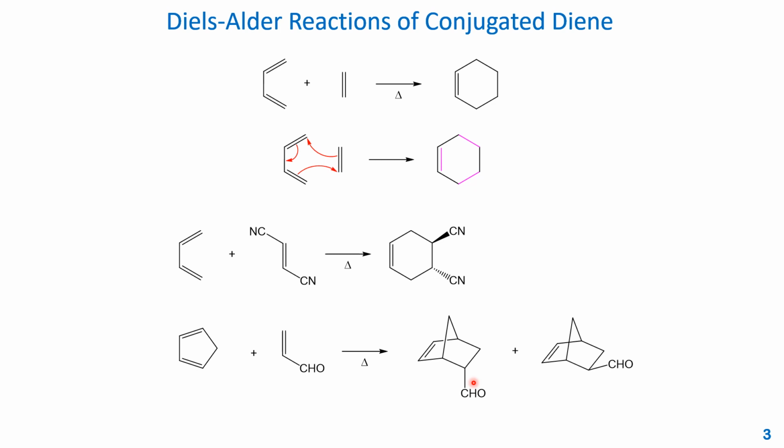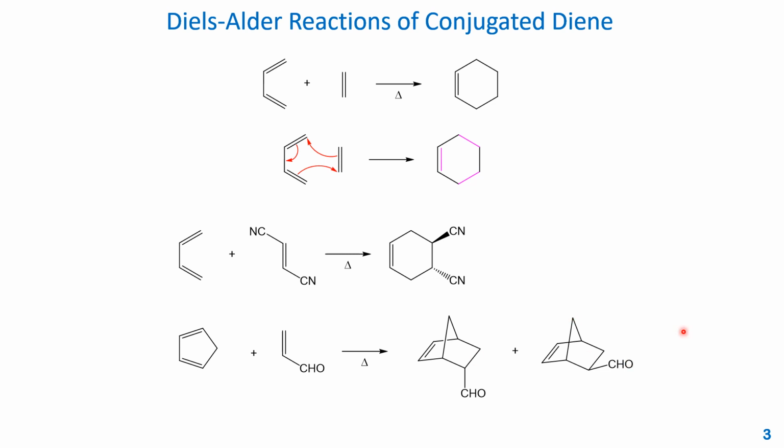Also, if you have a substituent on the dienophile, the example here shows an aldehyde. This CHO is an aldehyde. It has 2 choices. It could point down, closer to the double bond, or point away from the double bond, closer to this bridge carbon.